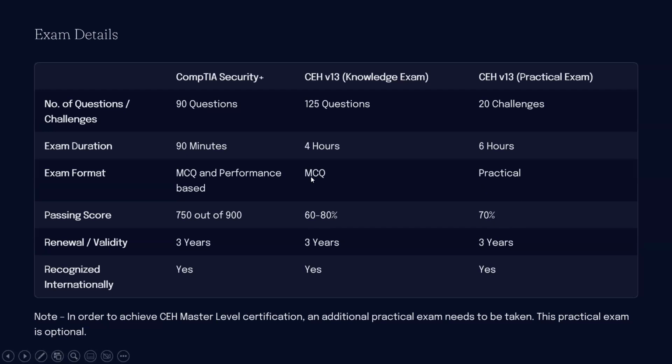And if we talk about the renewal, like when this certification is going to expire, because all these certifications are going to expire after every 3 years. So there will be a validity you will get. So after every 3 years, you need to pay the amount to the specific vendor to renew the certification. Okay. Or else there is one more way for CEH: you can just submit your CPE credits.